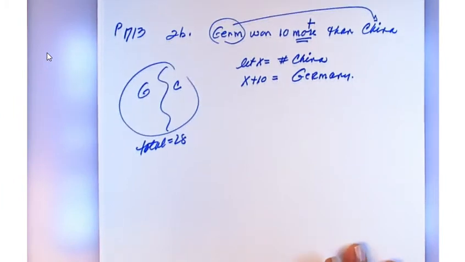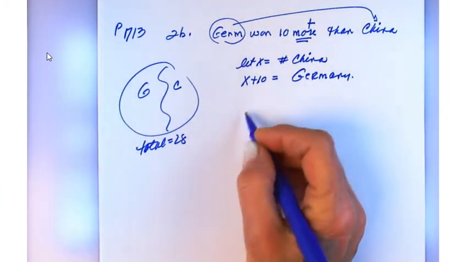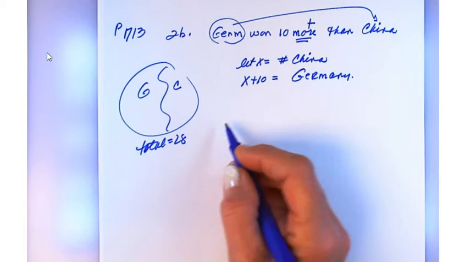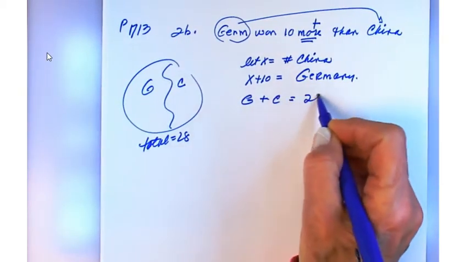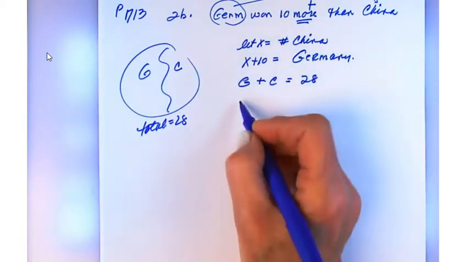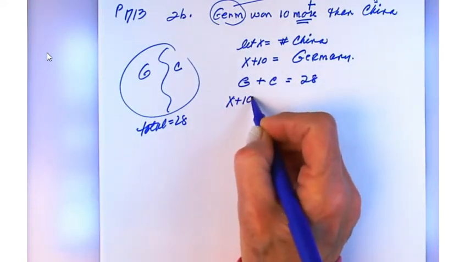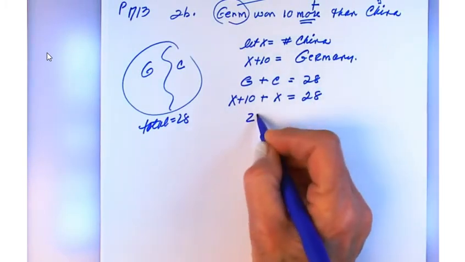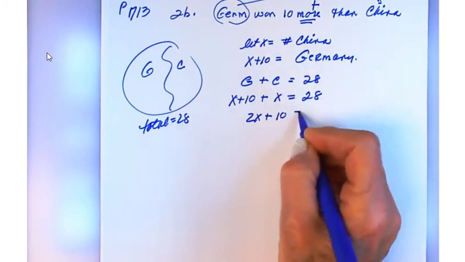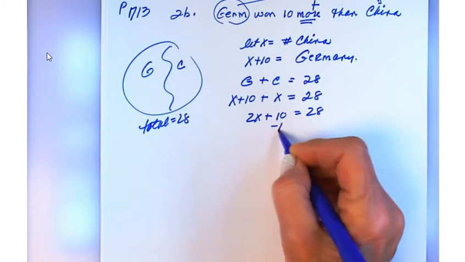And now I have to write my equation, and I know that Germany plus China equals 28. So Germany is x plus 10, China is x, and I get 28. 2x plus 10 is 28.